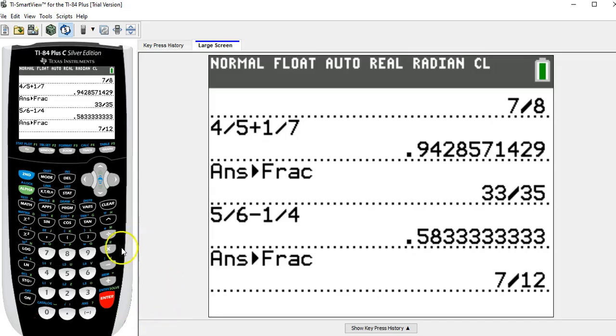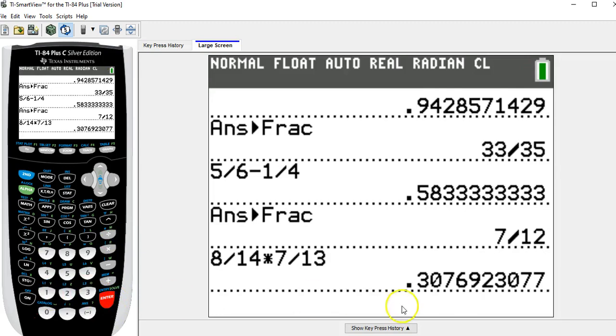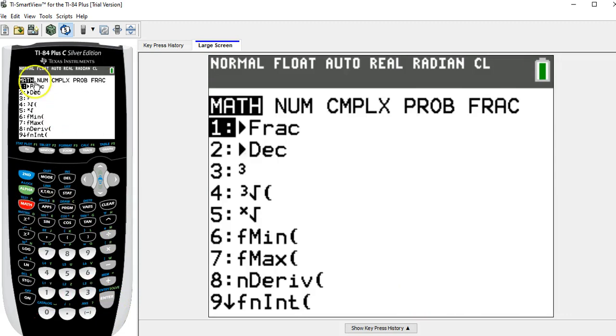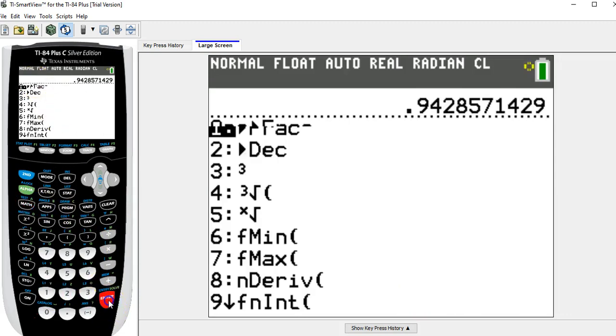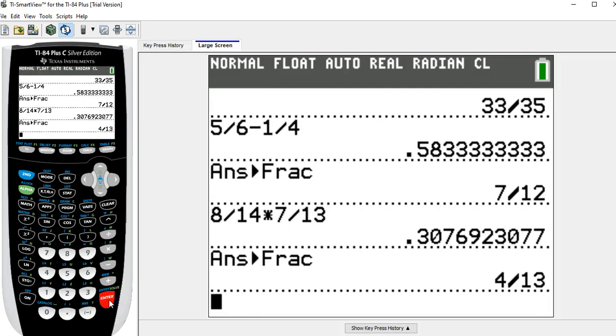So if I go 8 divided by 14 times 7 divided by 13, that's the decimal form. And if I go answer ▶Frac by hitting math, just the first thing right there, enter, enter. 8/14 times 7/13 is 4/13 in lowest form.